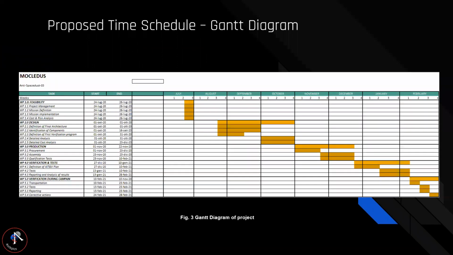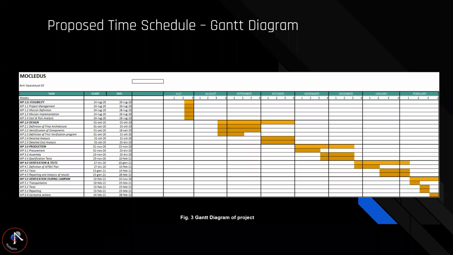And finally, here you can see the time schedule of the whole mission. We are currently in the first phase, the feasibility. In the last week of July, we developed this feasibility proposal.